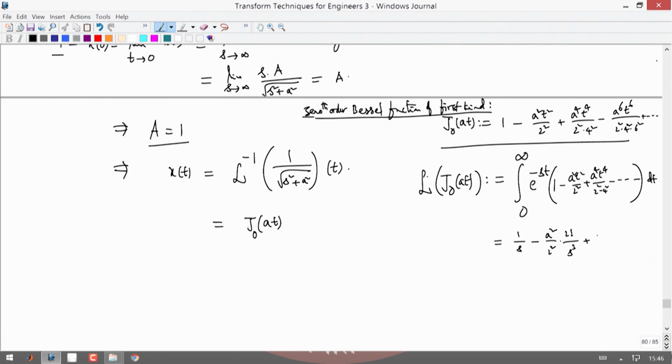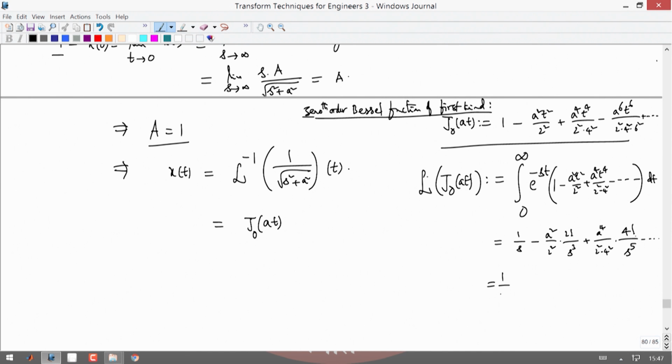Then a power 4 by 2 square 4 square, and the Laplace transform of t power 4 is 4 factorial divided by s power 5, and so on.